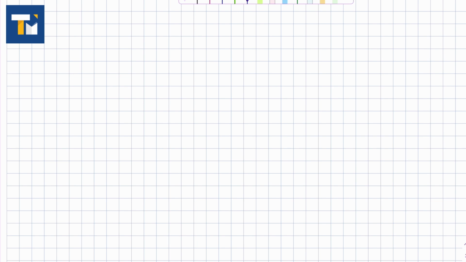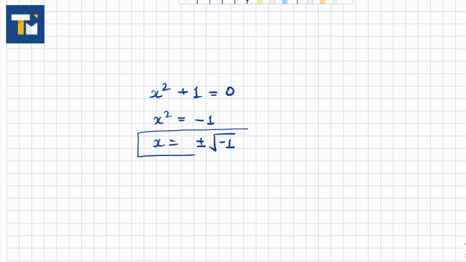Now I'll give you one more equation. x squared plus 1 is equal to 0. Okay, let's try to solve this. So x squared is equal to minus 1. Okay, so x is equal to plus minus under root minus 1. But wait a second. Even before coming to this step, right at this step, let me remind you something.